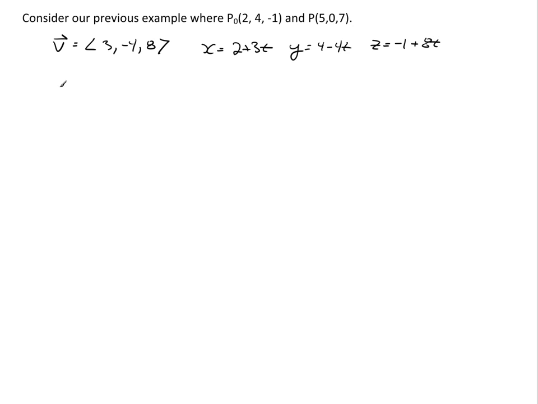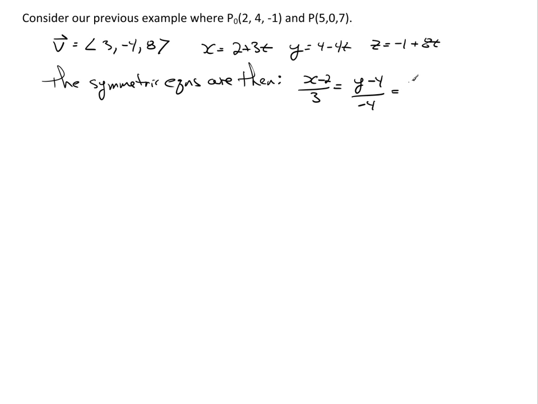So then the symmetric equations are x minus 2 over 3 is equal to y minus 4 over negative 4, which is equal to z plus 1 over 8.